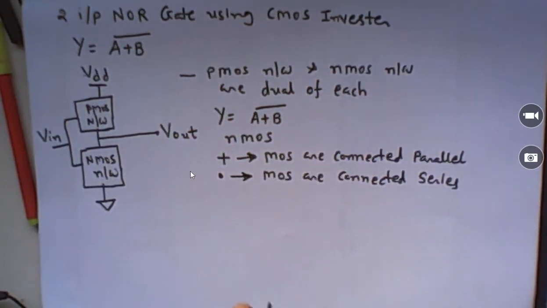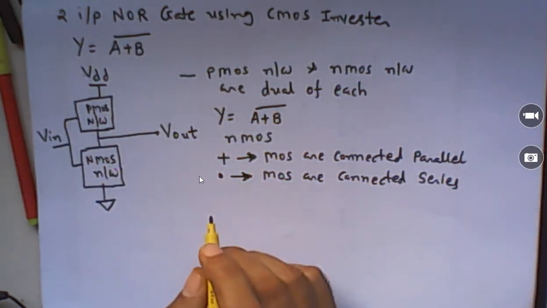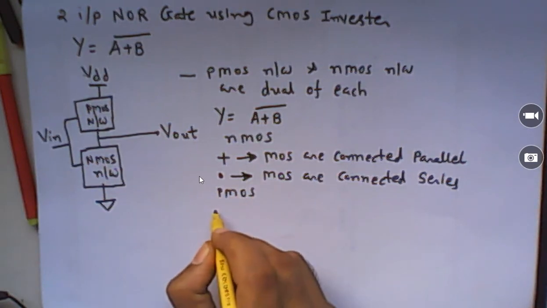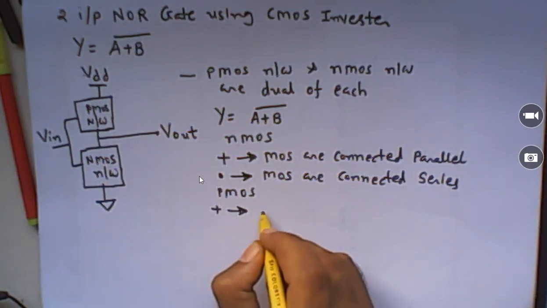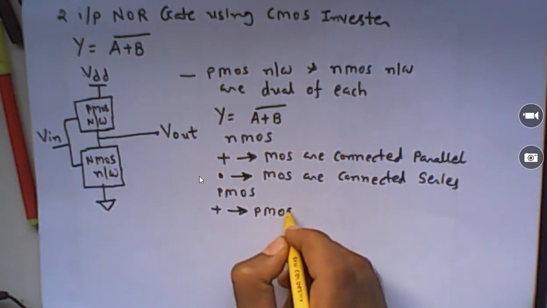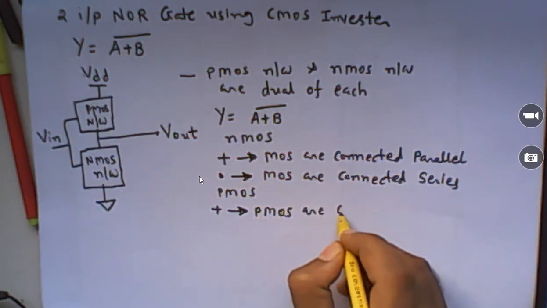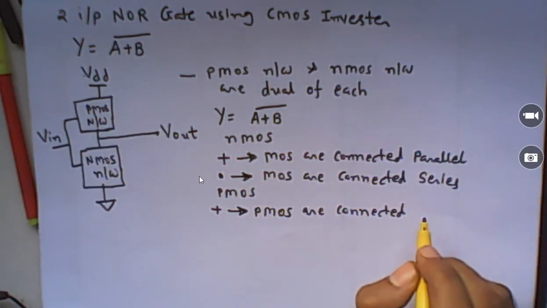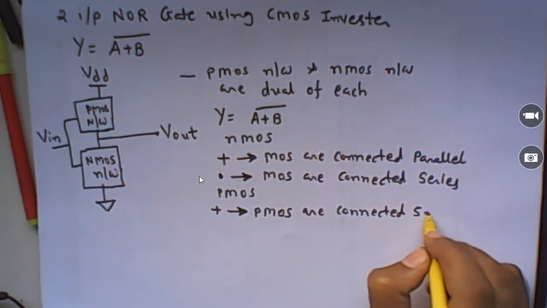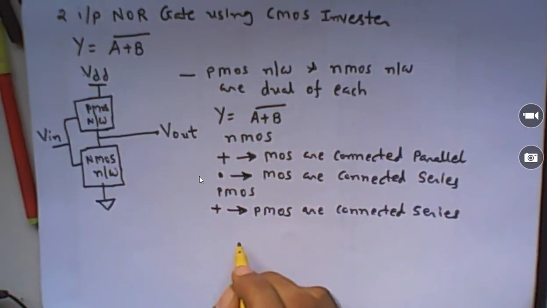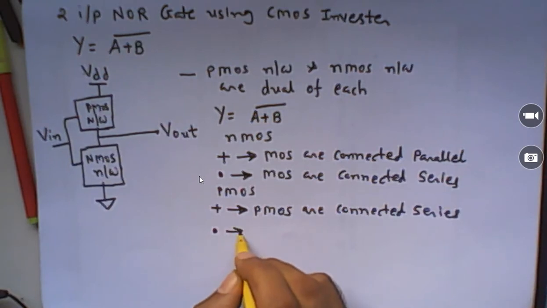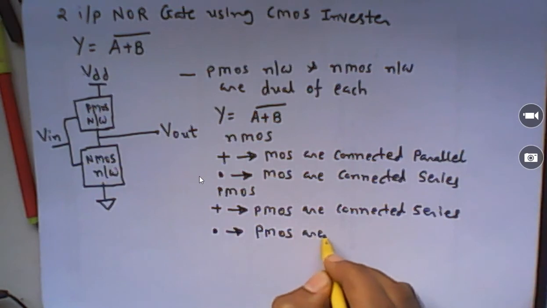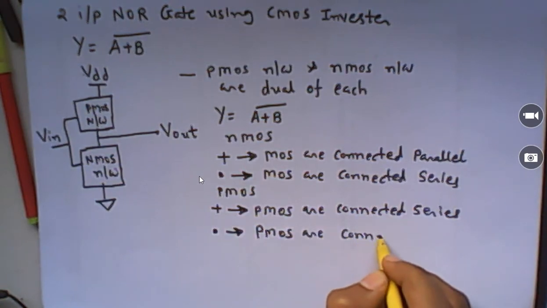Now similarly for the PMOS, to implement the OR function, like in a NOR gate, PMOS are connected in series or cascade, and to implement the AND function, PMOSFETs are connected in parallel.